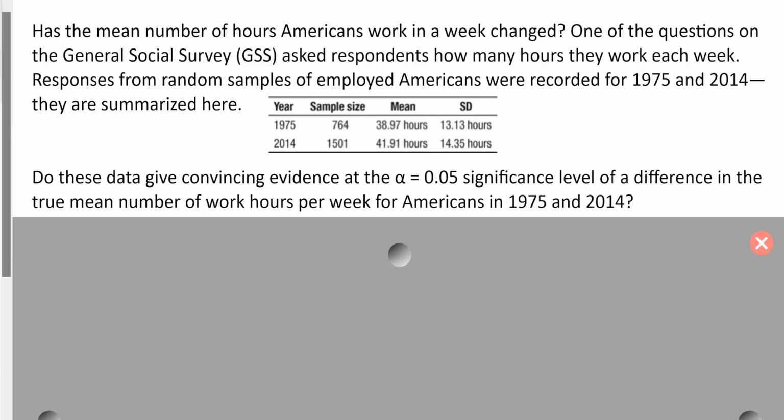They're summarized here to compare the 2 years and how things have changed in that 40-ish year period. Do these data give convincing evidence, at an alpha level of 0.05 significance, of a difference in the true mean number of hours worked per week for Americans from 1975 to 2014?